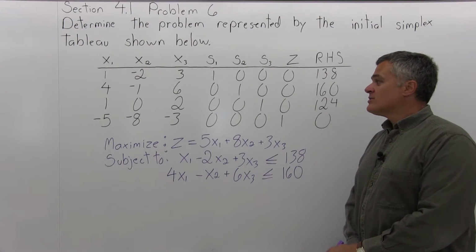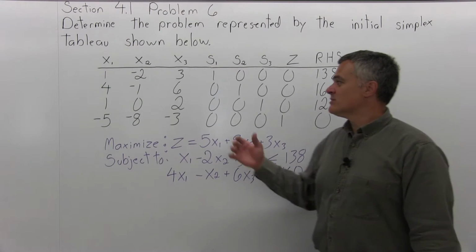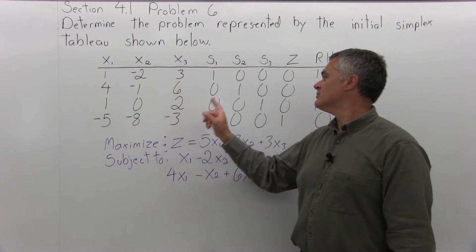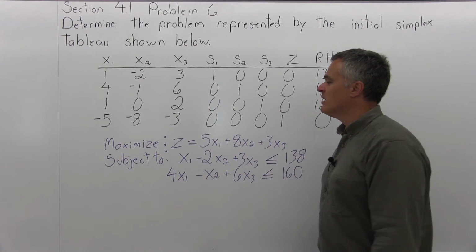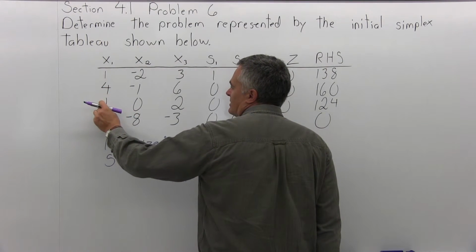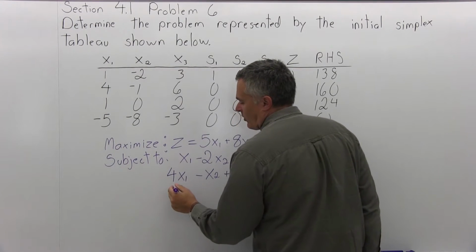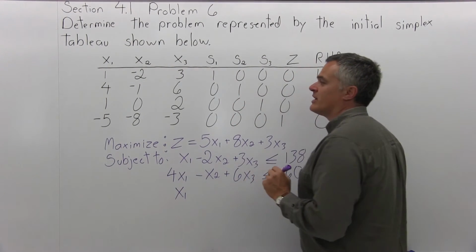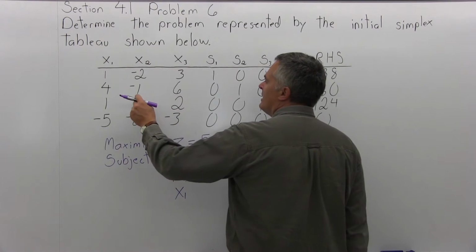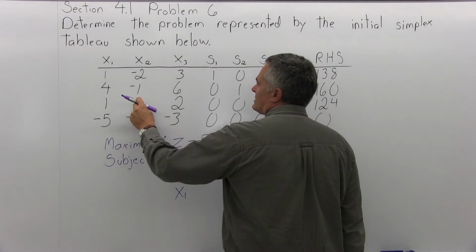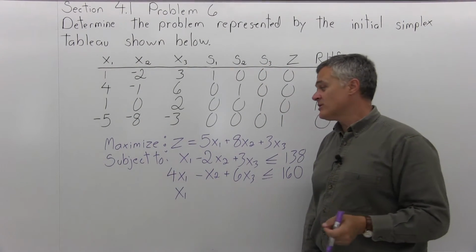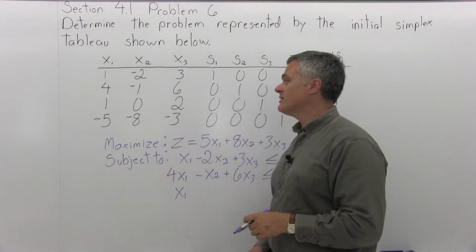So I have one more constraint to deal with. I'll have a third constraint, which comes from the third row of my initial simplex tableau, which again was 1, 0, 2, 0, 0, 1, 0, 124. The 1 that my third row starts off with, it's in the x1 column, means I had a 1x1 to start the third constraint. You don't have to write the 1 in front. The next piece of the third row is the 0 in the x2 column. I don't have to write anything next to it. You can certainly put plus 0x2, and that would be fine.